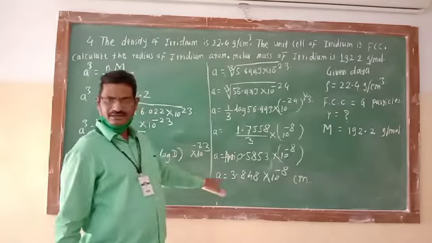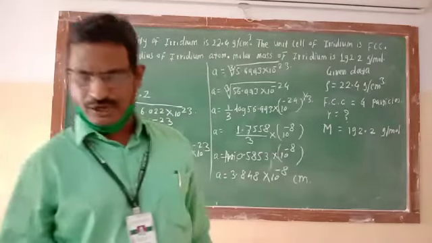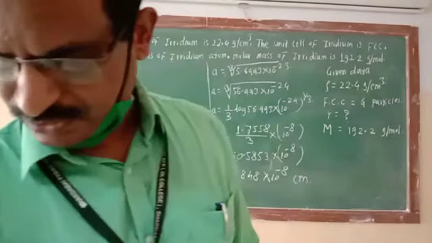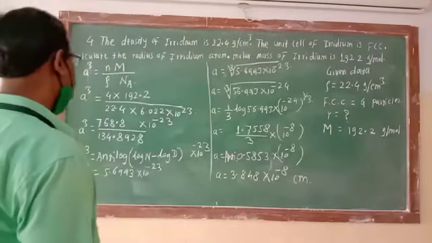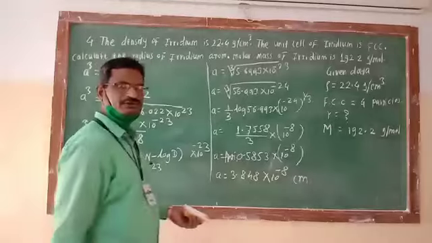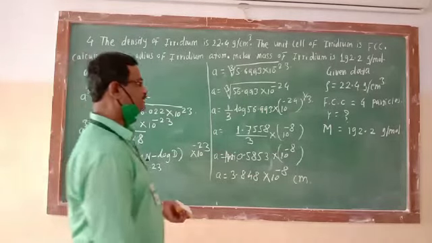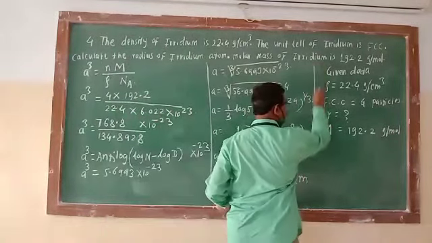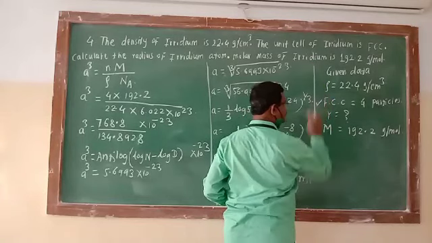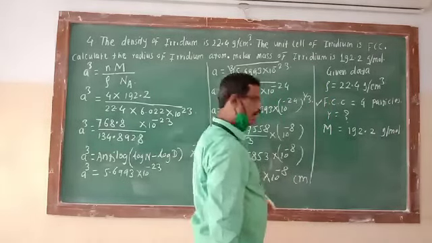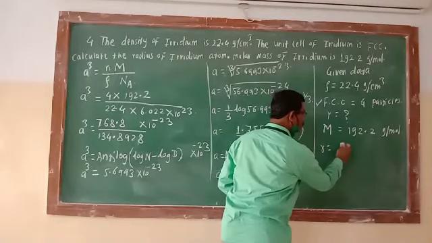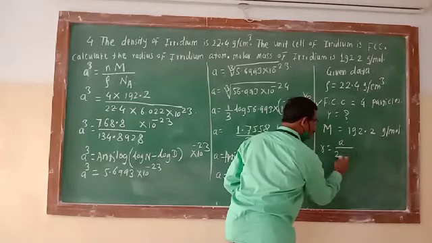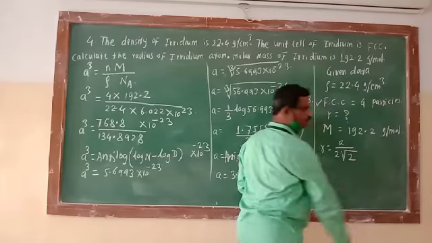And after calculating the edge length, we have to calculate the radius. Now it is very simple to calculate the radius, because for FCC, which is the type of this structure, we know that R is equal to A upon 2 root 2.